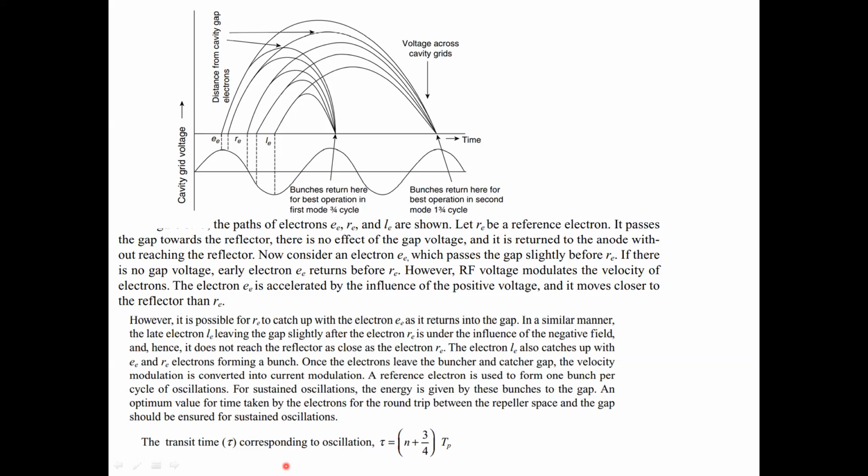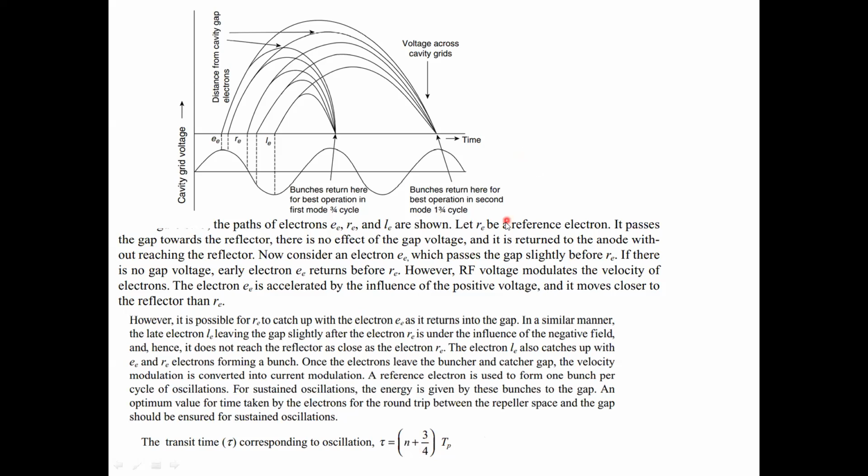Finally, what is the achievement I got from the Applegate diagram, equal to the transit time. What is the time factor? This is the transit time factor with respect to the frequency of oscillations, that equals n plus 3 by 4.